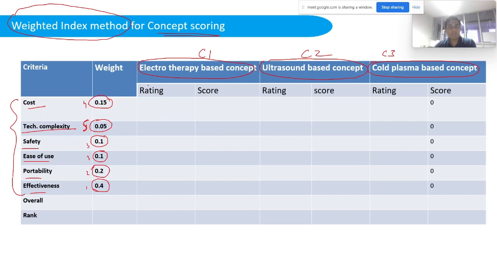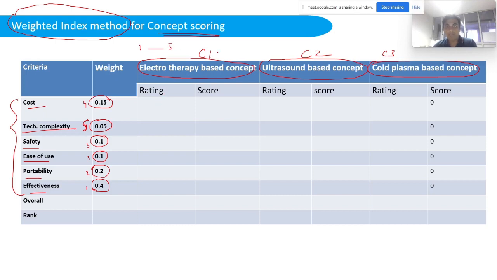What we do here is rate each individual concept against a fixed rating. For example, on a scale of 1 to 5, what rating would you give this particular device.